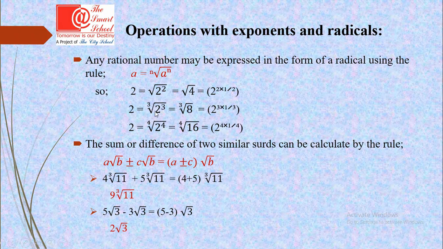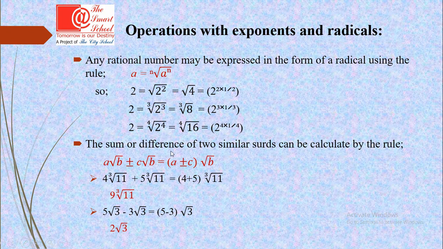So we can write 2 power 3, which is 8, and this is the cube root, so this is the same as 2. Same over here, 2 is equal to the fourth root of 2 power 4, which is 16. So the fourth root of 16 is the same as 2. And so on. We can write any numbers like this, which will help us in solving sums.